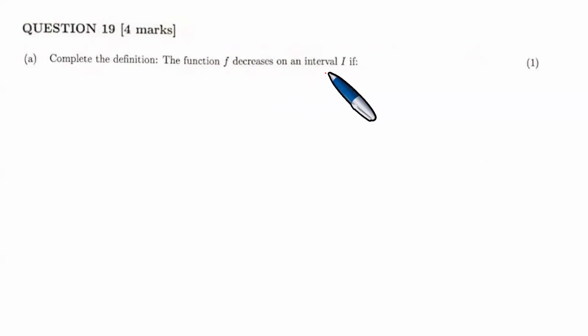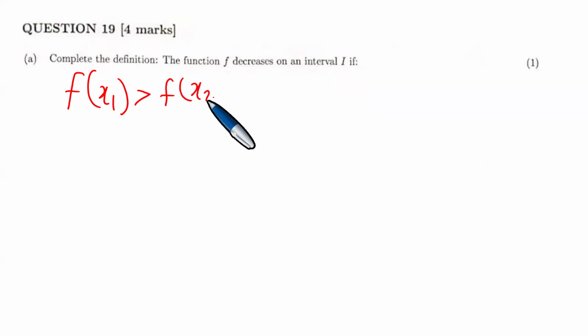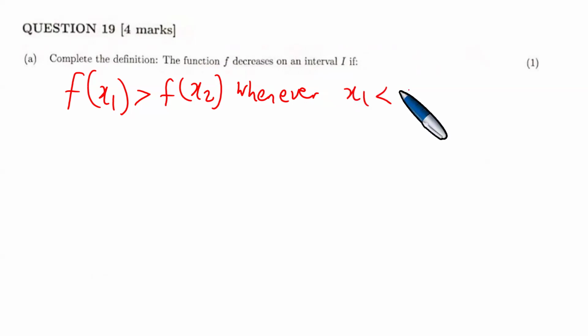It decreases if f of x1 is greater than f of x2 whenever x1 is smaller than x2 in the interval I. Complete the definition: the function f decreases on an interval I if what happens?